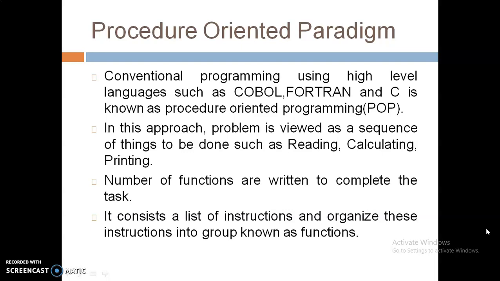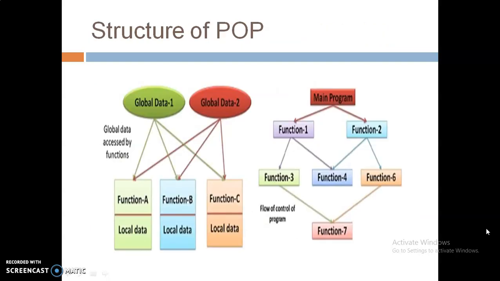So, a number of functions are written to complete this task. We can say from this that a procedure-oriented paradigm consists of a list of instructions and organizes these instructions into groups known as functions. So, here we can see the structure of POP.